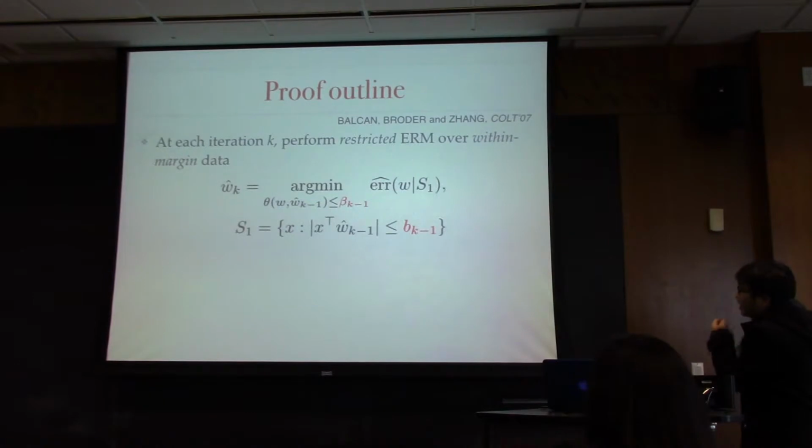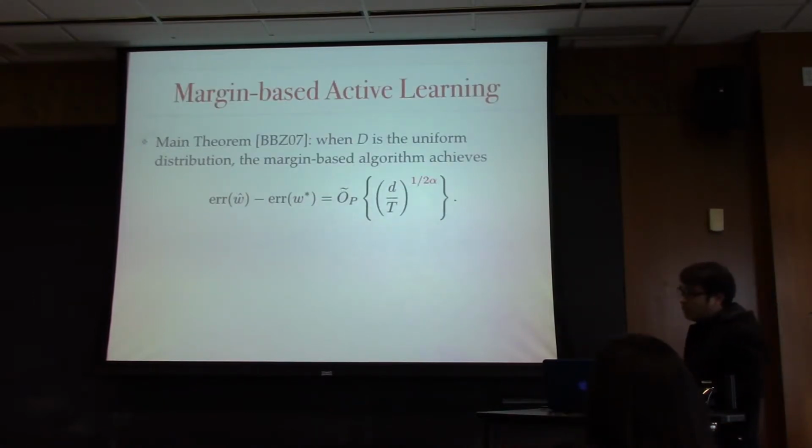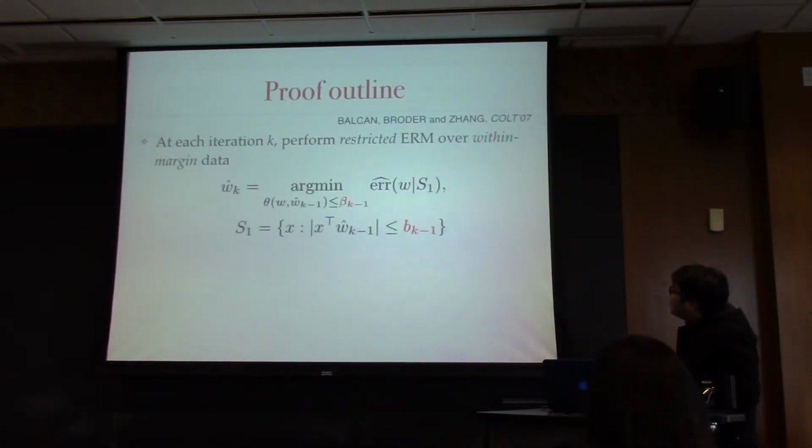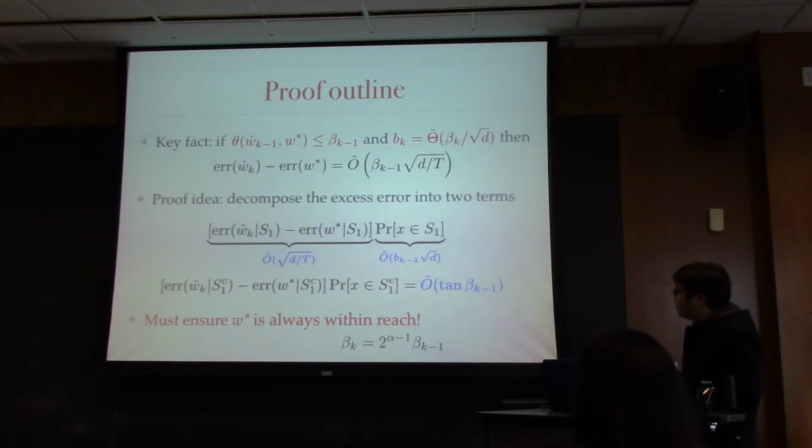In the proof of the margin-based active learning algorithm, this is a particular step at each iteration. I'm doing a constrained ERM over those data points that are within a narrow margin compared to the learned classifier at the last iteration.